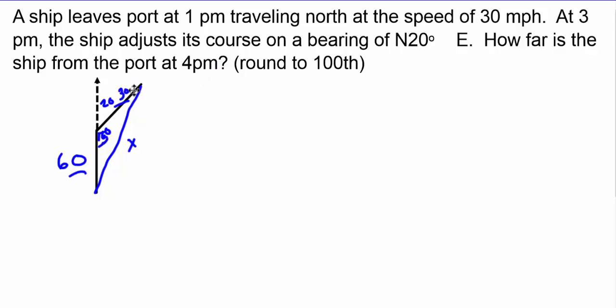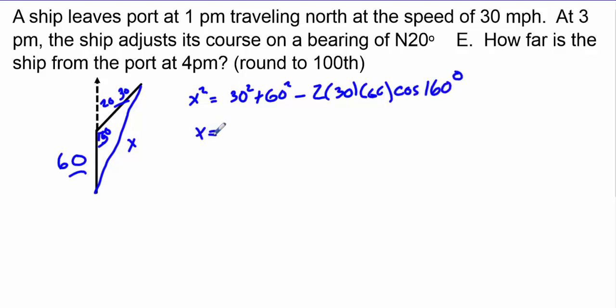So since I have my side, angle, side, all I have to do is set up, again, the law of cosines and say x squared is equal to 30 squared plus 60 squared minus 2 times 30 times 60 times the cosine of 160 degrees. X at the end after square rooting both sides is roughly 88.79. It's going to be what, miles?